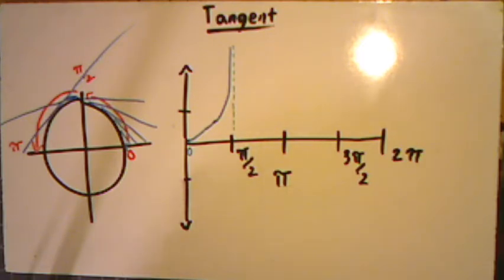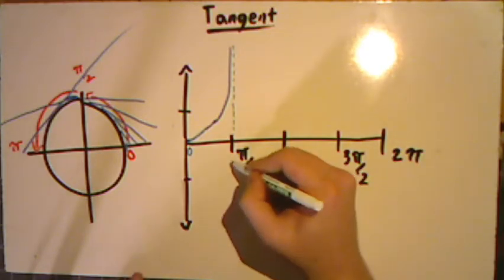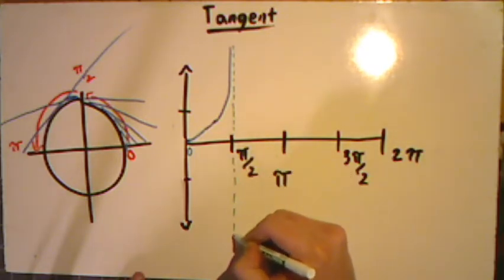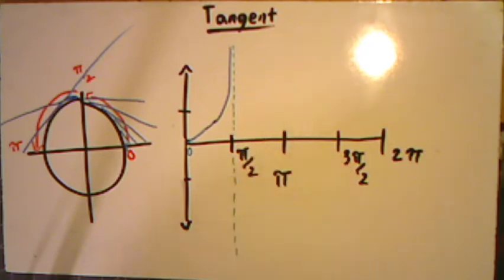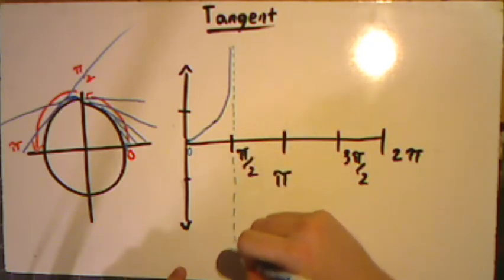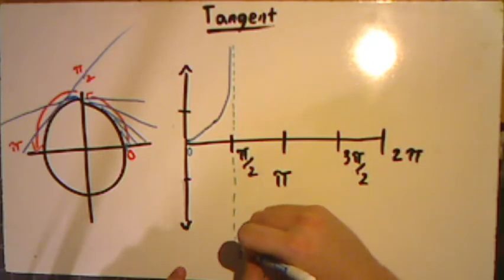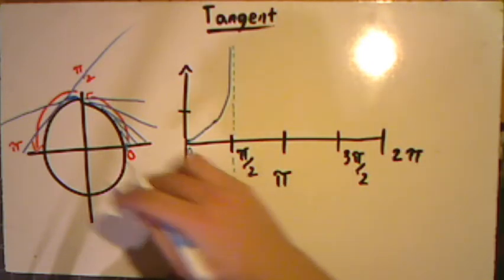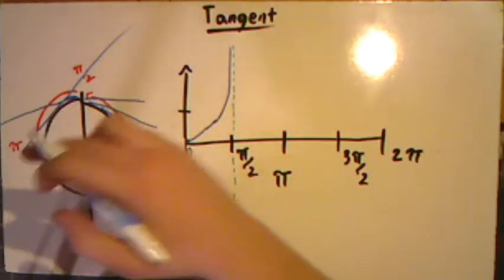So we're starting off, and again, noting that the value here does not exist. We start off at extremely close to this value until we eventually get to 0.